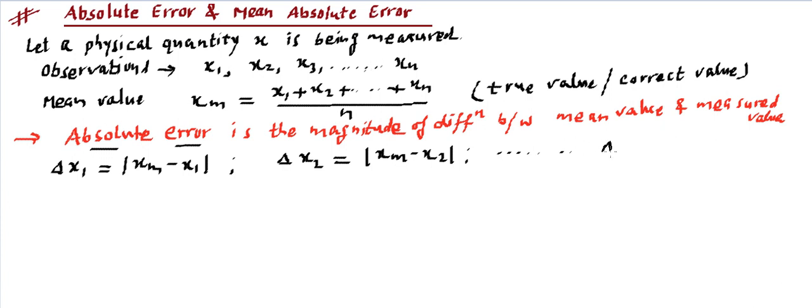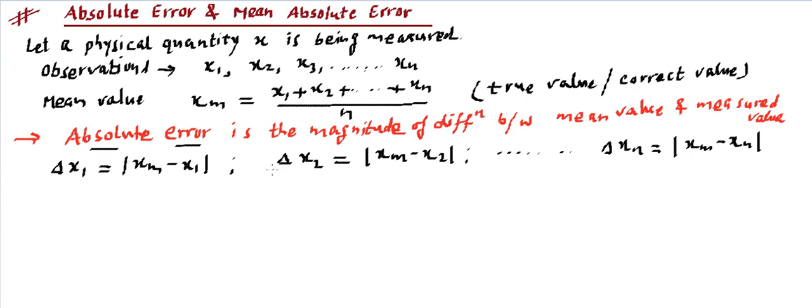If we come to the last observation, we will write delta xn. Delta xn will be the modulus of the mean value minus the nth observed value. Point is, for each and every observation we can find the absolute error. That means absolute error is the magnitude of difference between the mean value, which we call the true value, and the measured value. Measured value can also be known as the observed value. Making sense or not? It should make sense.